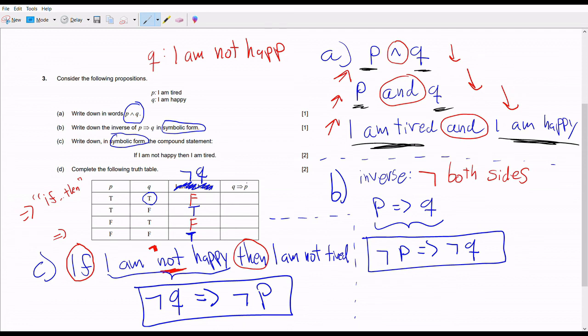And for Q implies P, the implication will always be false if we have from T to F, then the whole thing is false. This is the only rule you need to care about when looking at implications. If you memorize this, you're going to be fine.